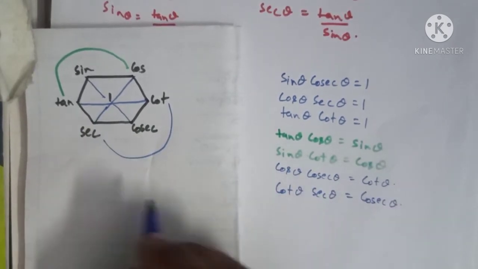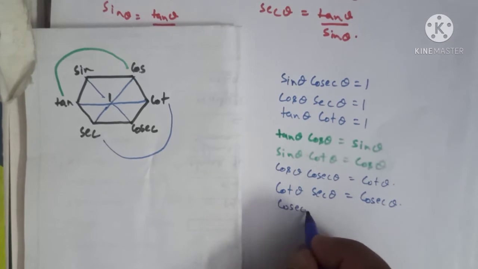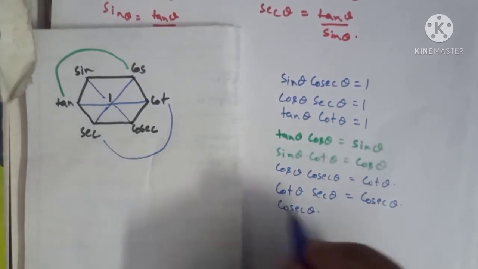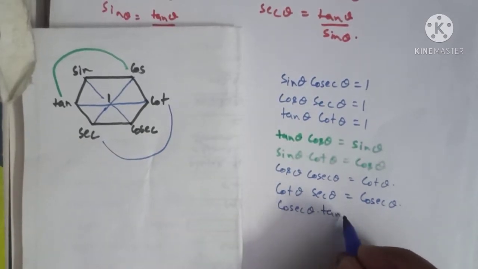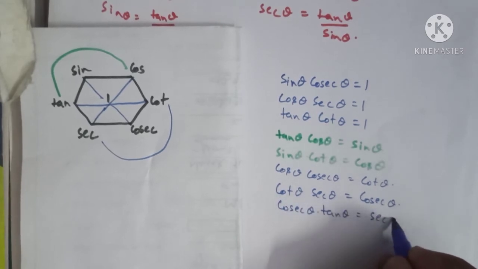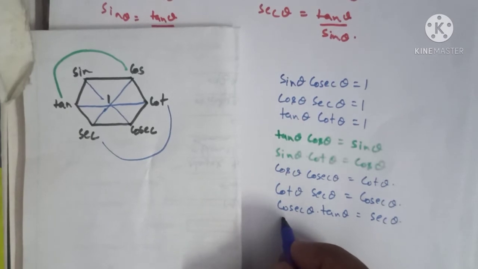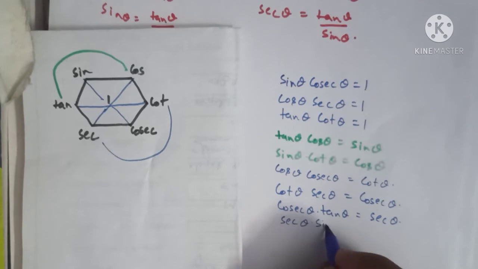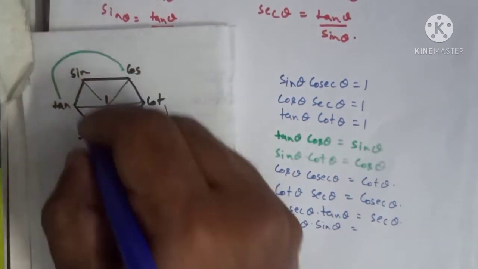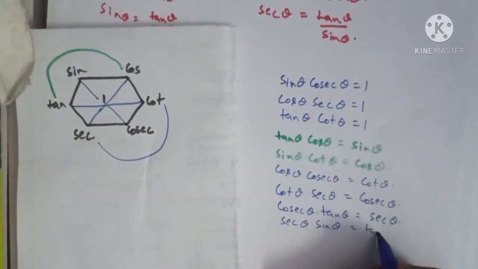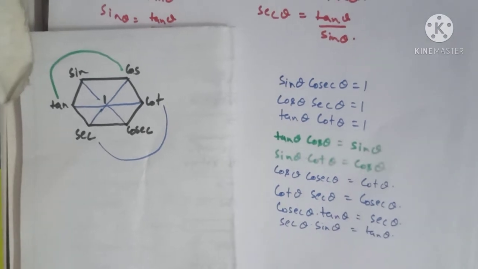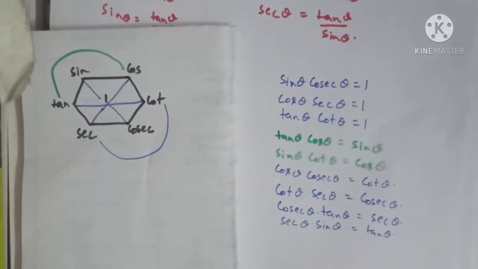Cosec theta and tan theta: what is coming in between? That is sec theta. And one last, sec theta and sin theta: what is coming in between? That is tan theta. Hope you have understood these identities.